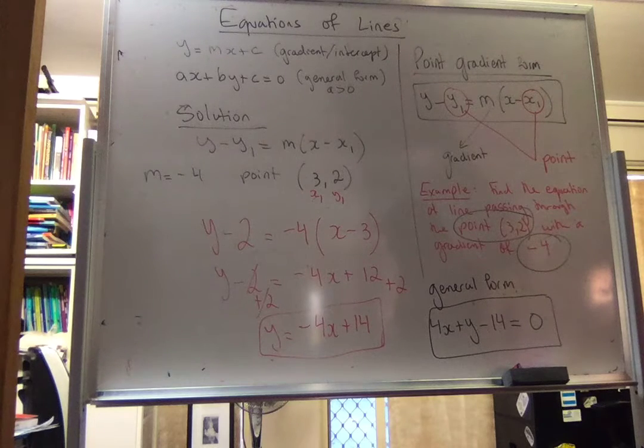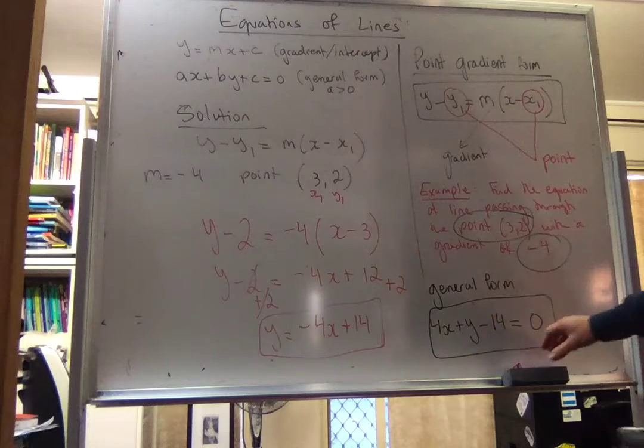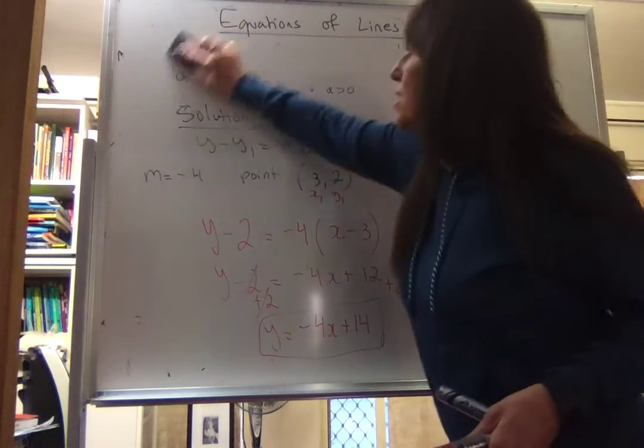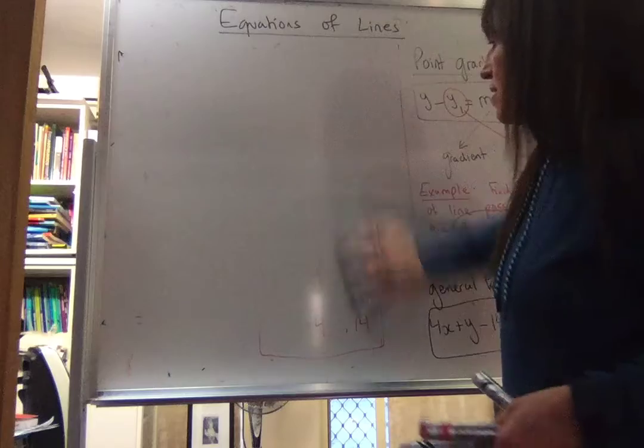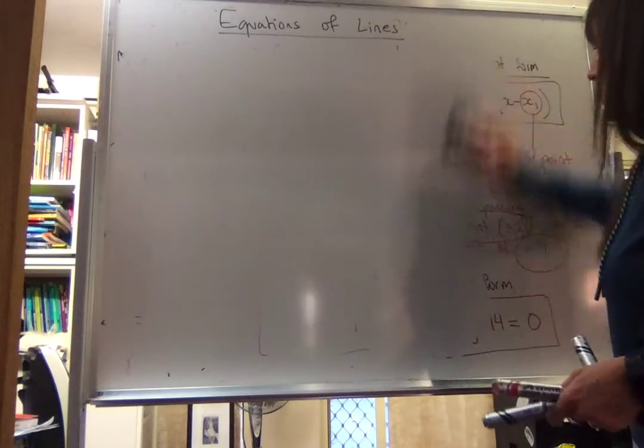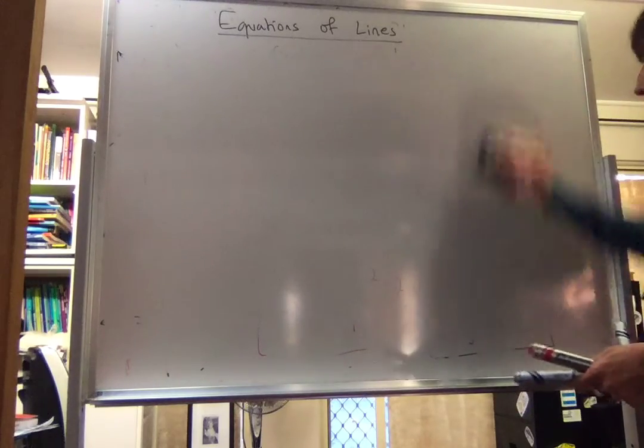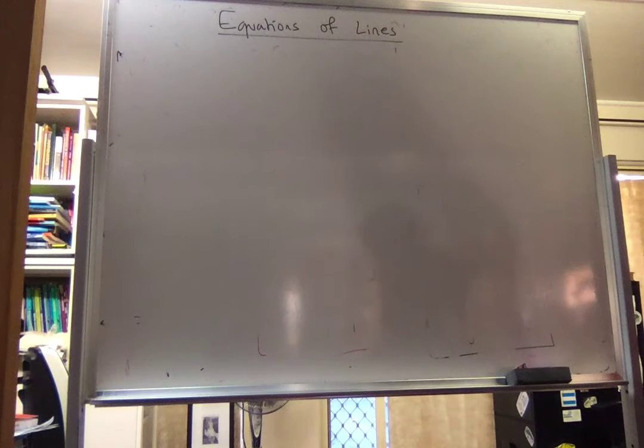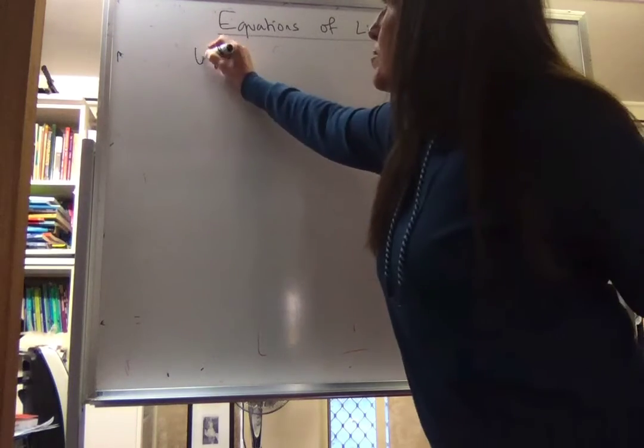All right, there are some warm-up questions that you need to do. I might just do one of those here so that you can have a look, and then the rest you can try yourselves. Okay. All right, warm up.